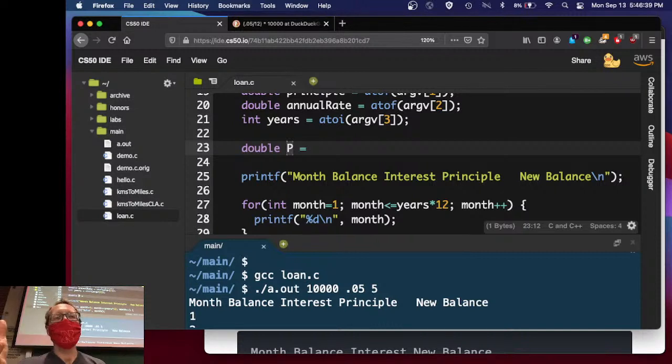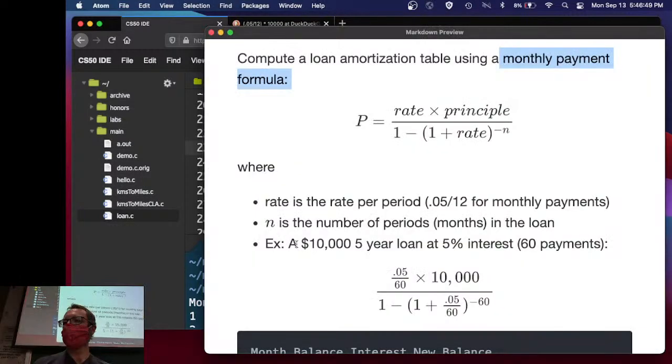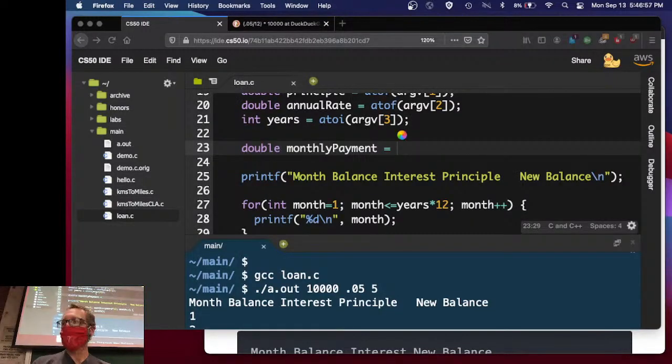I shouldn't call it P. What should I call it? What does it represent? The monthly payment. So what was it again? It's rate times principal, and the rate has to be divided by 12 because it's a monthly rate.